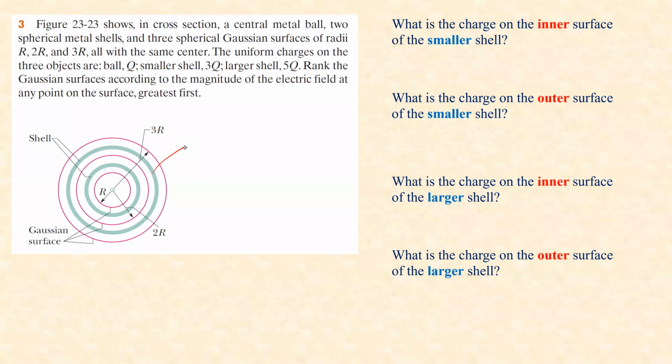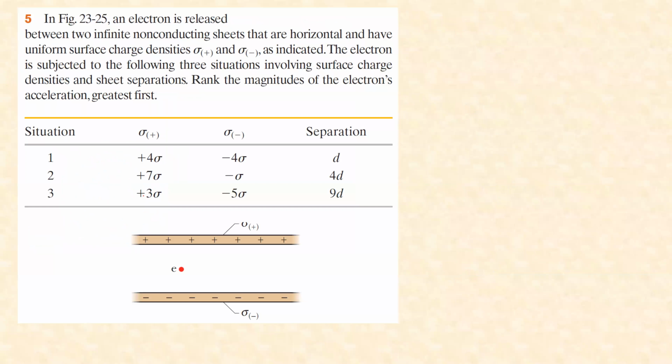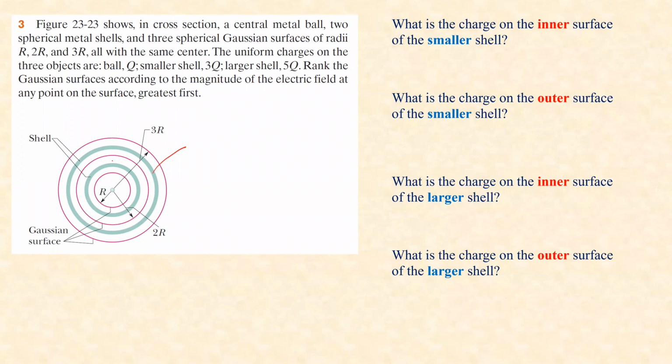Everybody agrees? That is correct, because 4Q is inside the cavity of that one. So negative 4Q comes to the inner surface of the large one, and the balance goes on the outer surface. So here is negative 4Q. That's correct. So what is Q outer?